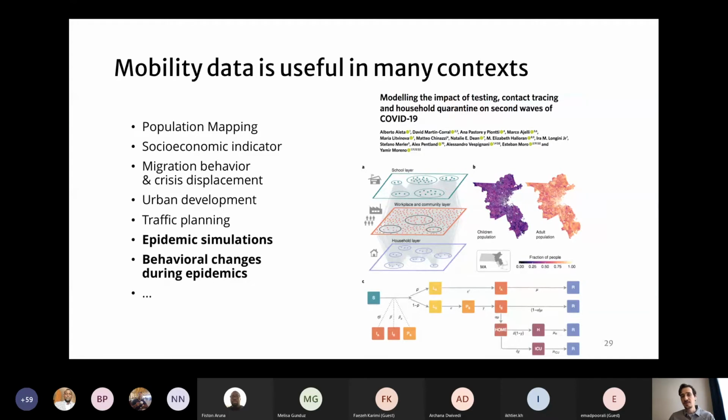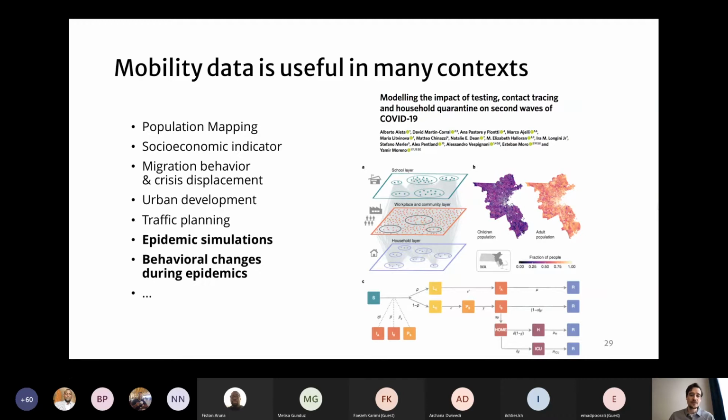And then on the bottom, you see how such an epidemic model looks. You have susceptible individuals that can become infected and then they can recover. And this is one ongoing field where mobility data is used heavily, because it is basically the one ingredient that you need in order to apply these epidemic models in a specific country, in a specific area.